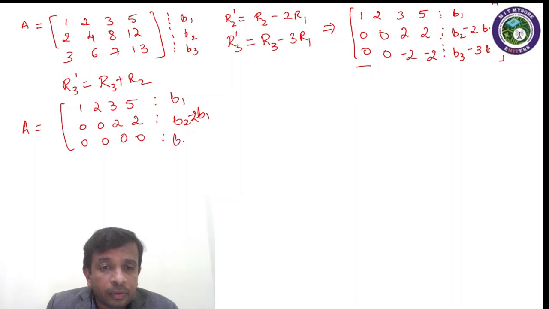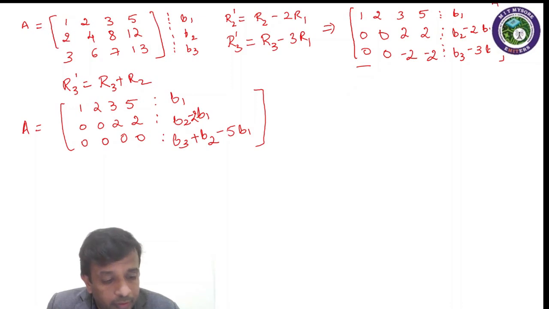and this becomes b3 plus b2 minus 5b1. That is, b3 minus 3b1 plus b2 minus 2b1, so the minus 3b1 and minus 2b1 together make it minus 5b1.